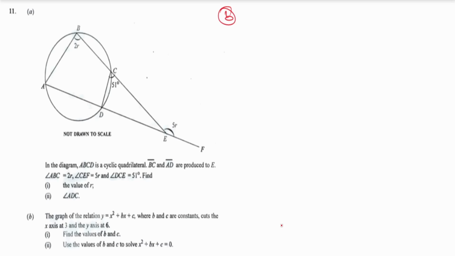So we'll start from this part of the problem by saying that, okay, this is (i). At the x-axis, the y coordinate is 0. So to plug that into this, wherever we see y, we are going to put 0, and wherever we see x, we are going to put 3.